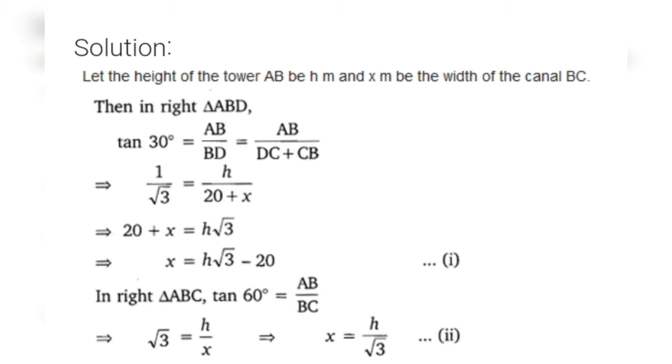This implies 1 upon root 3 equals h upon 20 plus x. On cross multiplying both sides, we get 20 plus x equals h root 3. This implies x equals h root 3 minus 20. Let us consider this as the first equation.